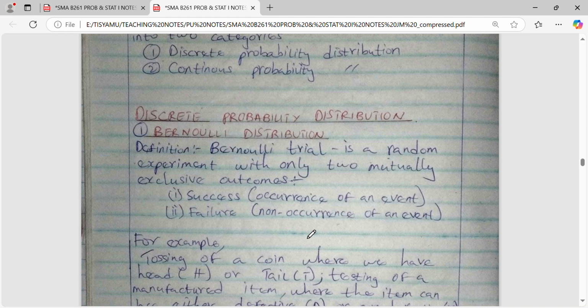So that's a very good example. Another example is if I toss a coin, I can either get a head or a tail. Here head might be the success according to what I'm defining, and then the tail can be a failure. So that is also a Bernoulli trial.